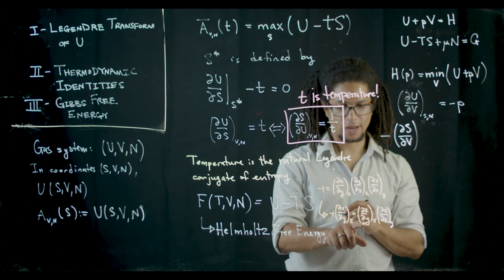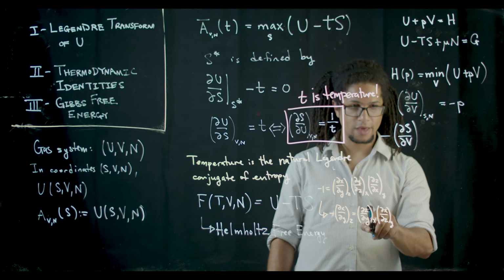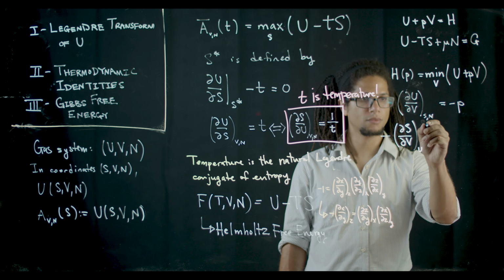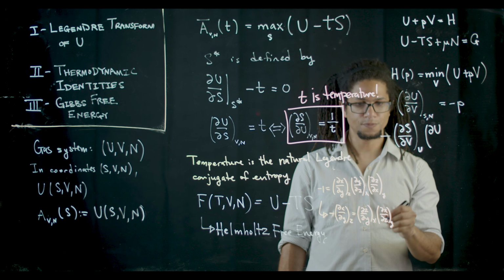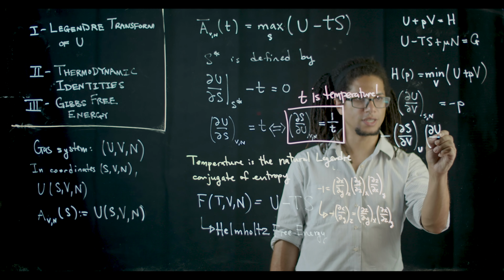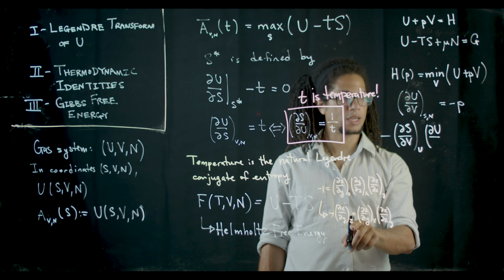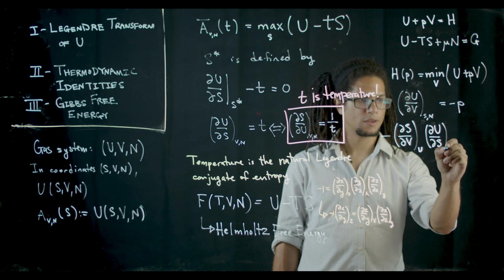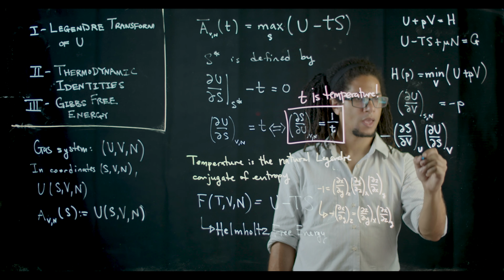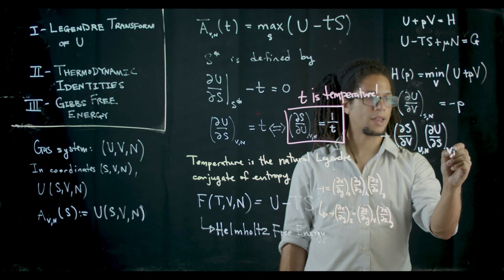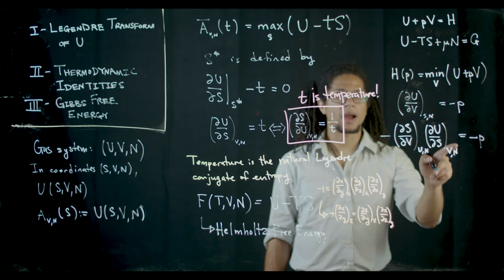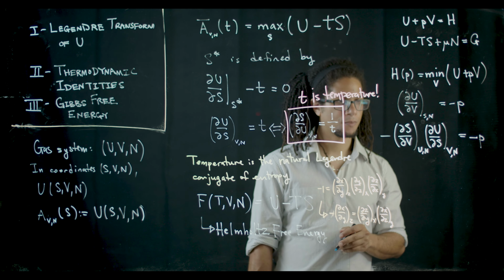I'll put my minus sign out here just so I don't forget it. And then we're fixing u, then partial u, partial z. Z again is s, fixing v, and both of these will also fix n. Notice that the minus signs cancel out.